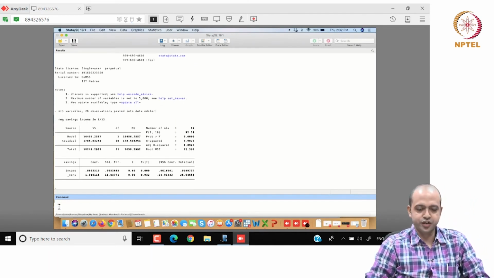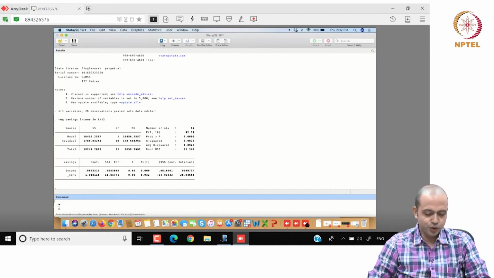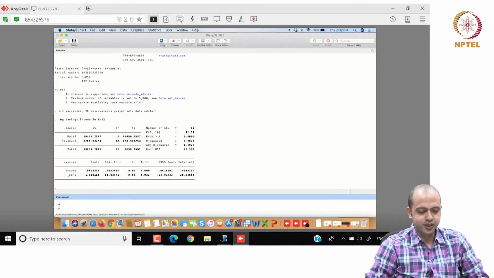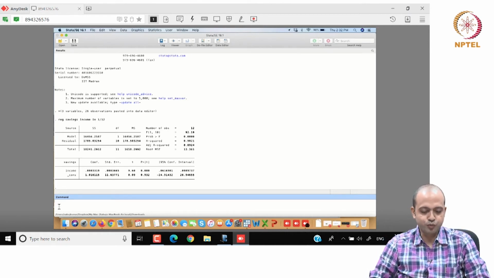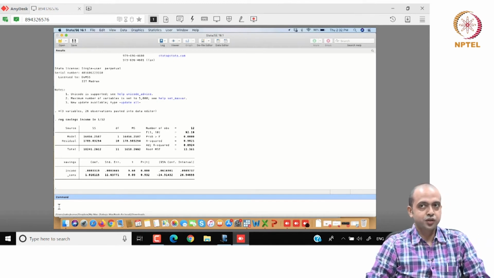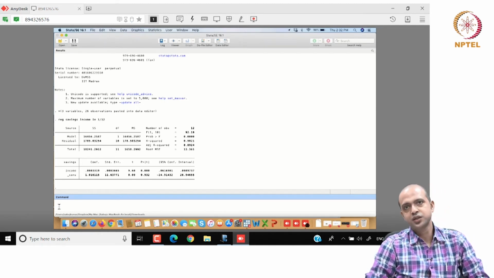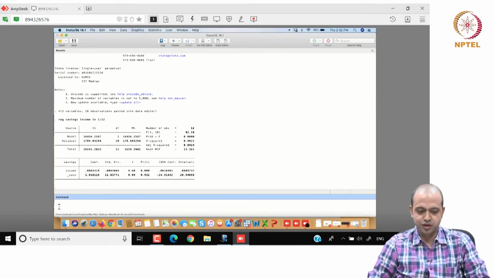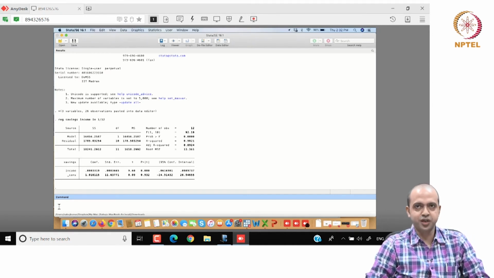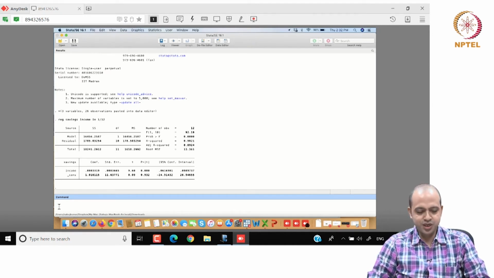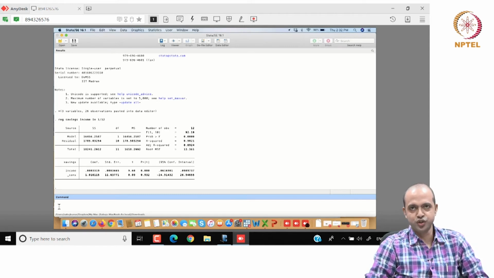From this regression you can easily see the coefficient of income is 0.08. So, that means in the pre-recession period in the US economy, the marginal propensity to save was 0.08. That is the interpretation. For a unit change in income, on average, savings increased by 0.08 unit. So, that is the MPS in the pre-recession period.